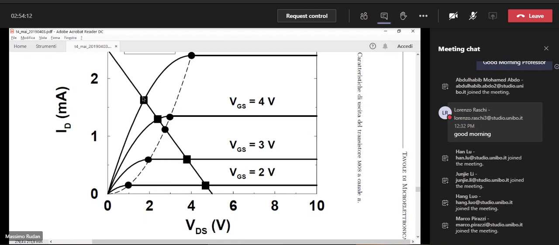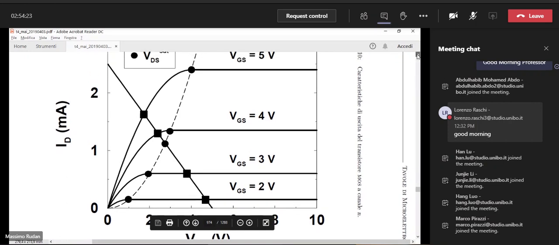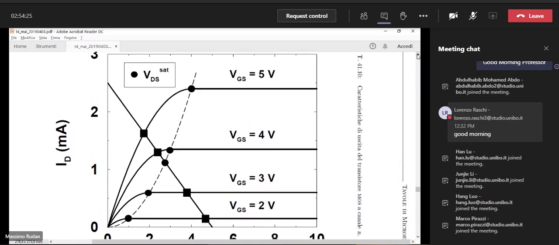You have the linear region until a point in which the drain current substantially becomes constant. It's not exactly a constant. Still, there is a small positive slope, but you may think of it to first approximation as a constant. So the linear region goes up to the dot.